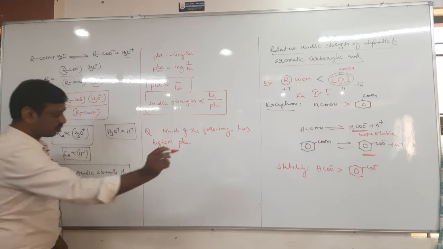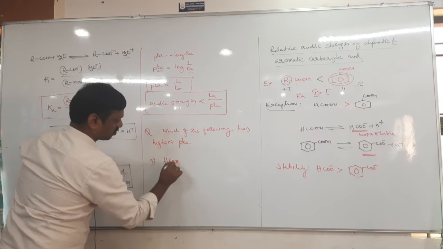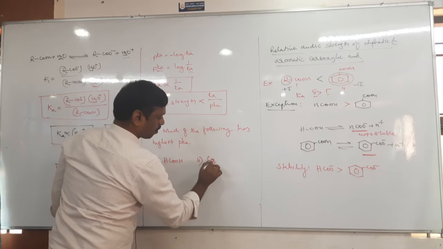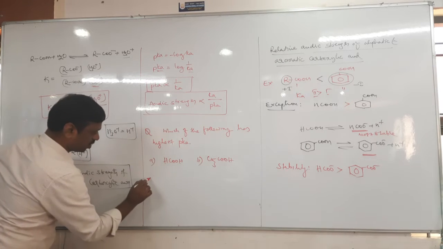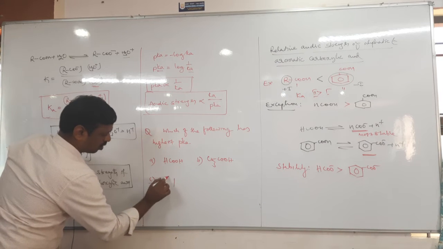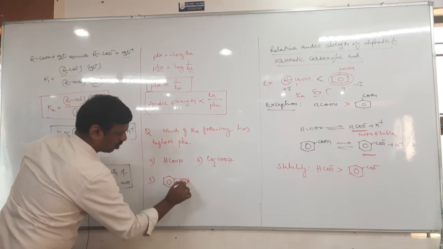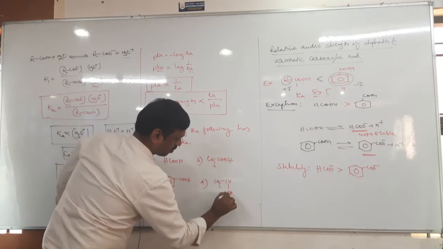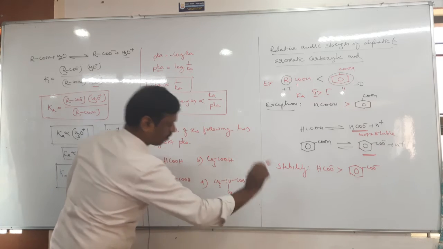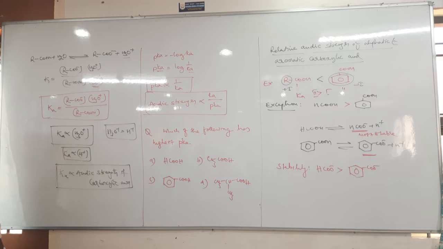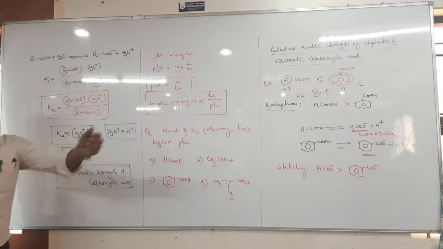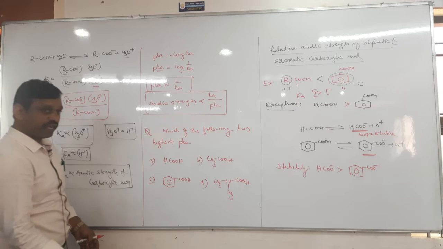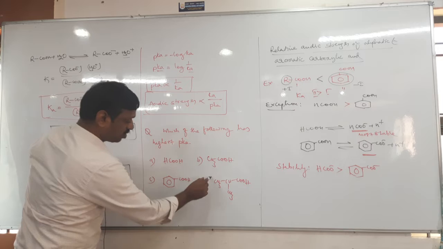Option A, formic acid; B, acetic acid; C, benzoic acid; D, 2-methyl propanoic acid. So which has the highest pKa? Highest pKa means lowest Ka. So which has the lowest Ka? Lowest acidic strength, that is.